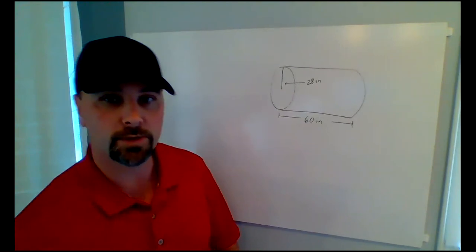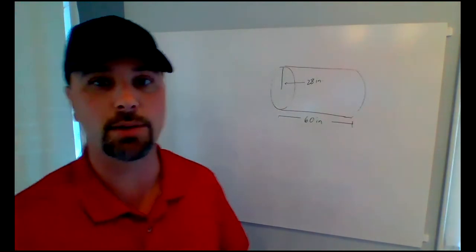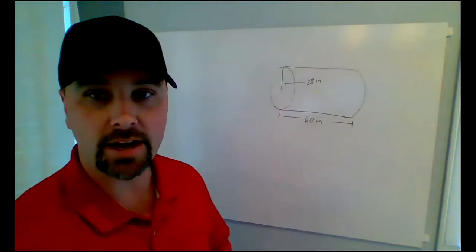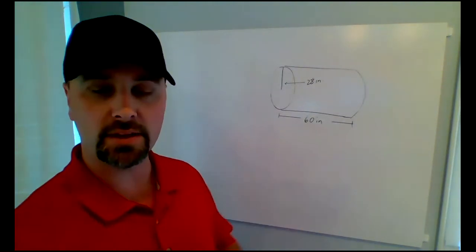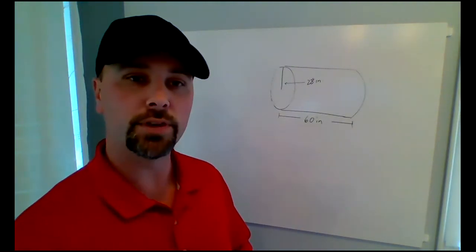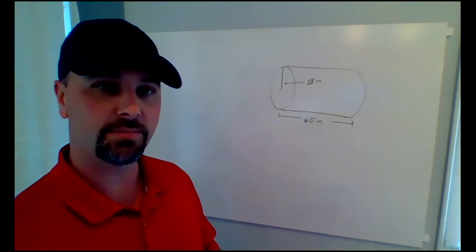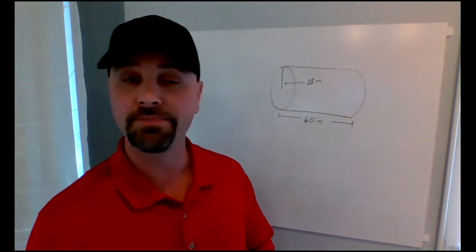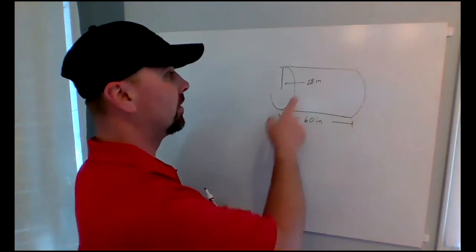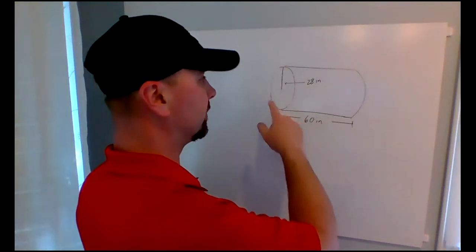All right, so hopefully you were able to figure that problem out. I've got it written down here. So remember, the first thing you need to do is identify the shape. Hopefully you were able to see this is a cylinder. Looks a little bit different than the last one because this one's laying over on its side. Makes no difference, okay? Here's the circle.